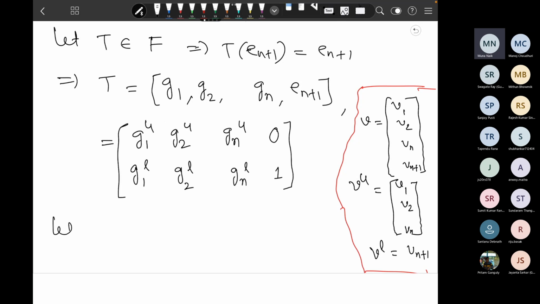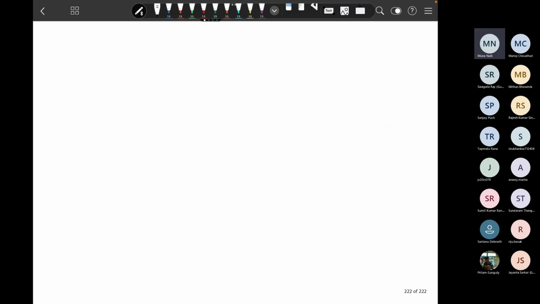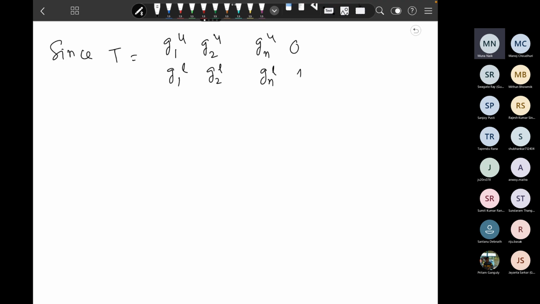Okay, so let A be the matrix with columns g1U, g2U, ..., gnU. And this A is an n by n matrix. So since T, with columns g1U, g1L, ..., gnU, gnL, and last row 0, 1, belongs to O(n,1), O++(n,1).